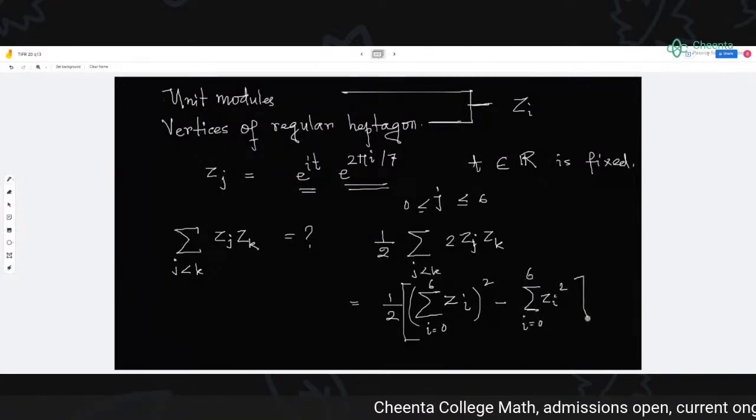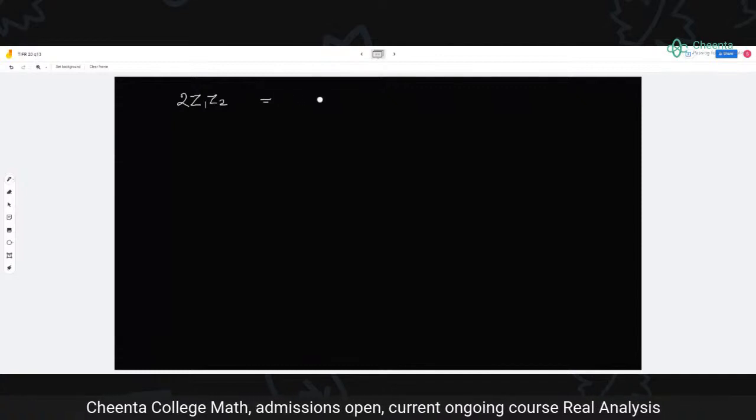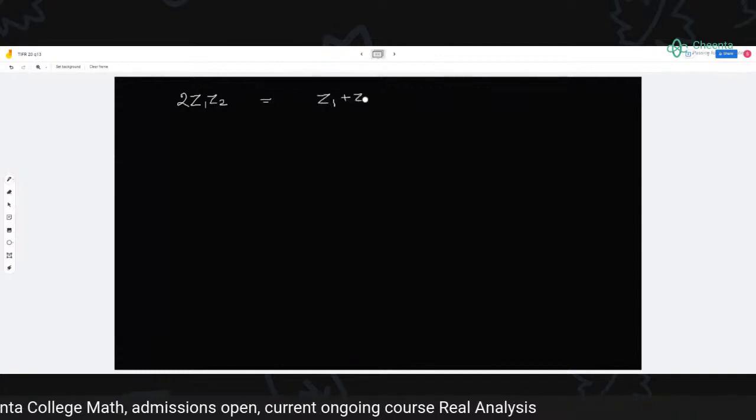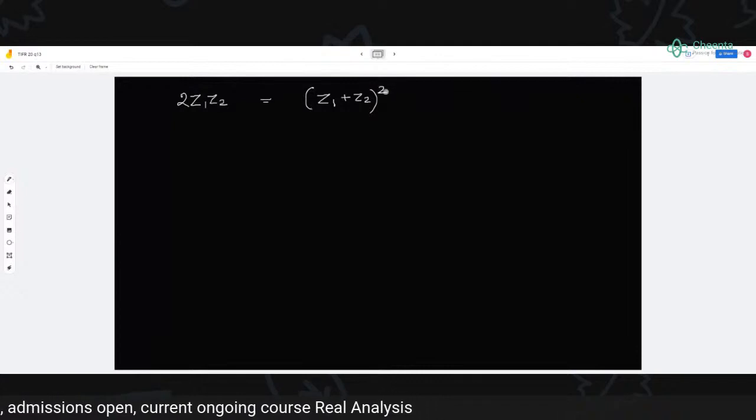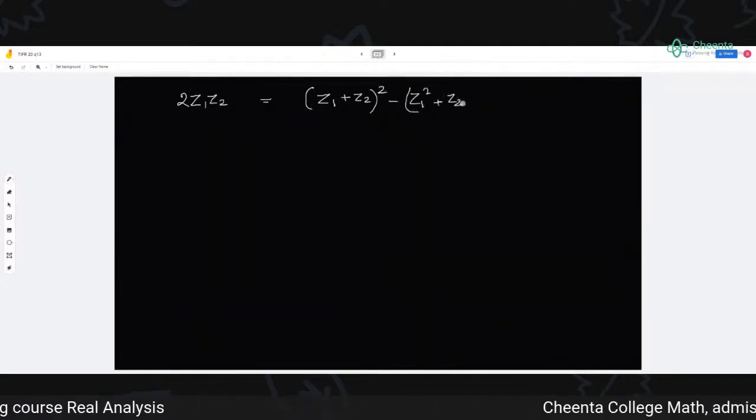So why is this happening? It's because of a very strategic observation. If you look at this, let's say for 1 and 2, if I fix j and k, 2 z1 z2 we can find out by z1 plus z2 whole square minus z1 square plus z2 square.